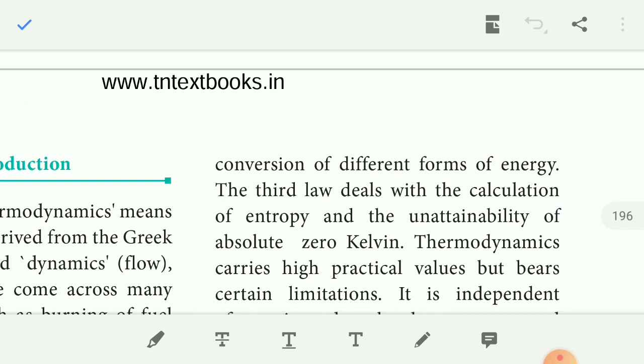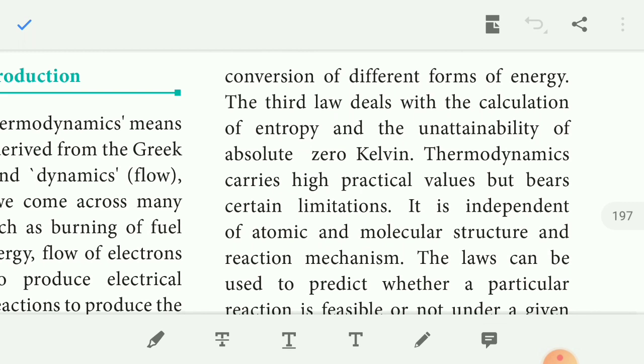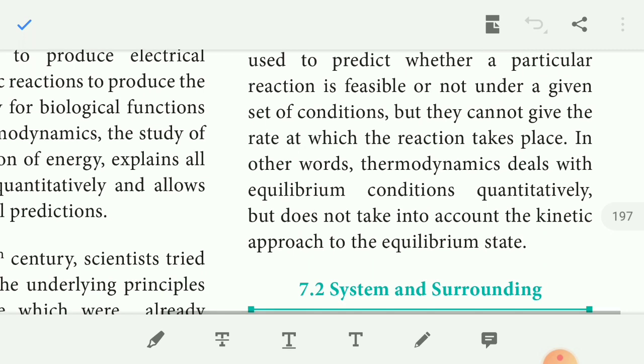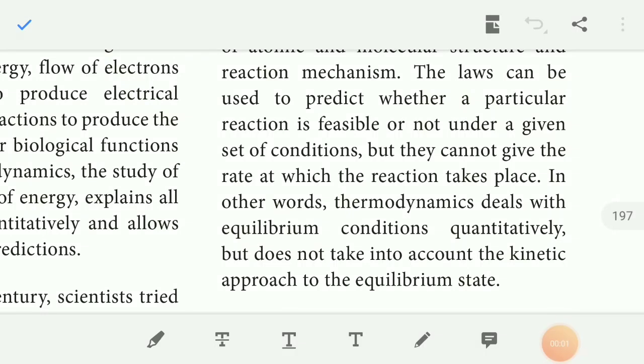The third law deals with the calculation of entropy and the unattainability of absolute zero Kelvin. These laws can be used to predict whether a particular reaction is feasible or not. Thermodynamics, in other words, deals with the equilibrium condition quantitatively but does not take into account the kinetic approach to the equilibrium.